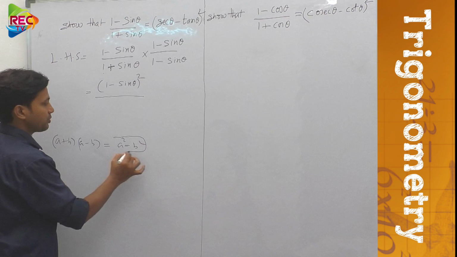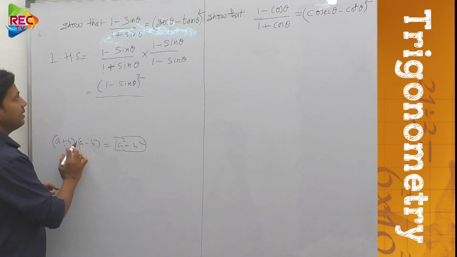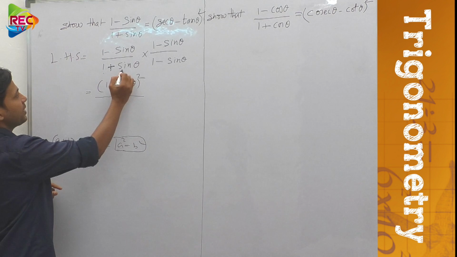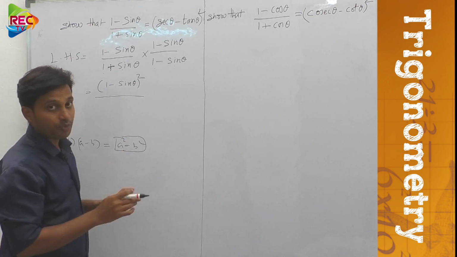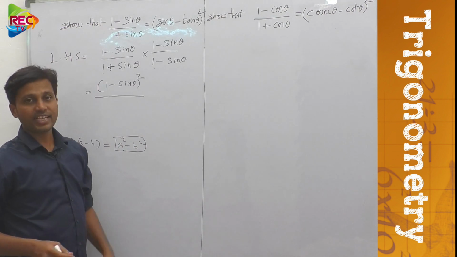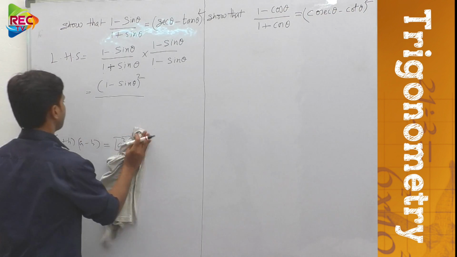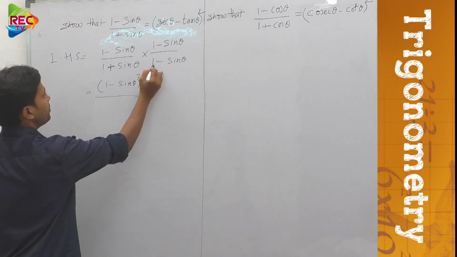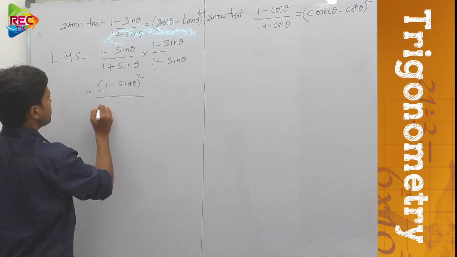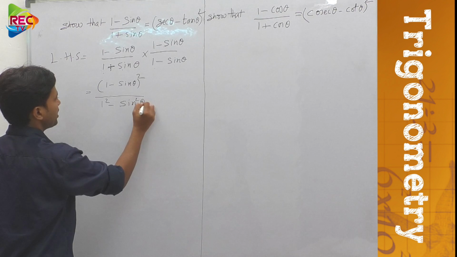So (a plus b) into (a minus b) would be a square minus b square. Here in the denominator part, (1 plus sin theta) into (1 minus sin theta), we can consider 1 as a and sin theta as b. Then we can write it as 1 square minus sin square theta, means a square minus b square.